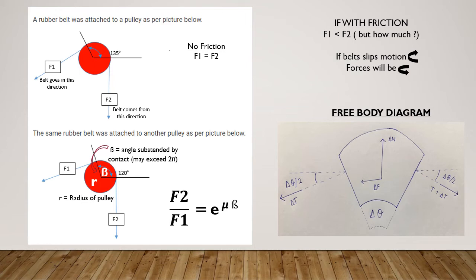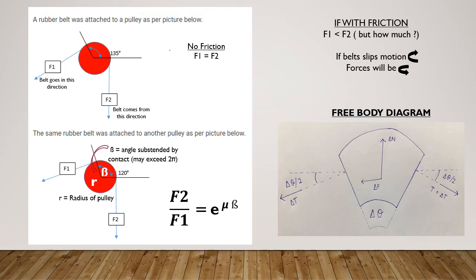As soon as you actually have friction on your belt, they are not the same anymore. From this picture you can see R is the radius of the pulley. F2 and F1 are two tensions and they are different. The belt is coming from over here, F2, and it's going in this direction with F1.